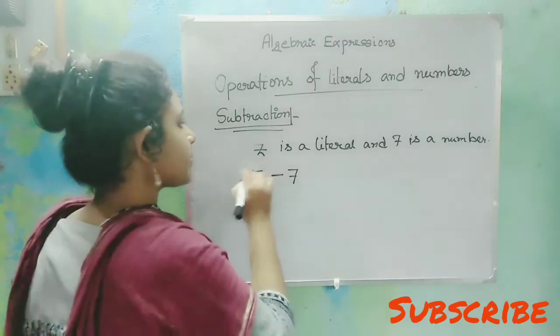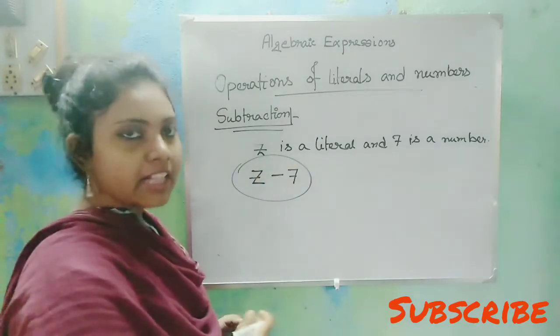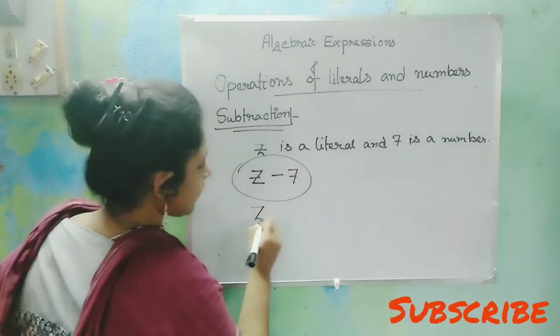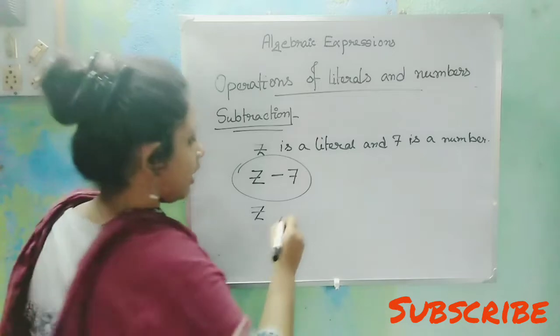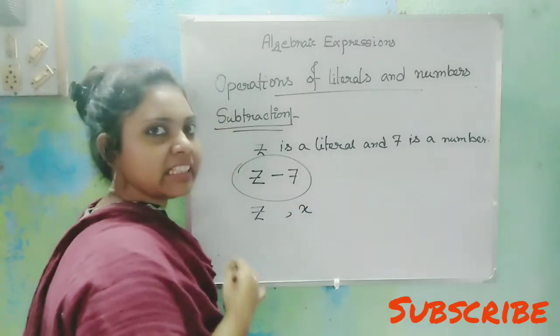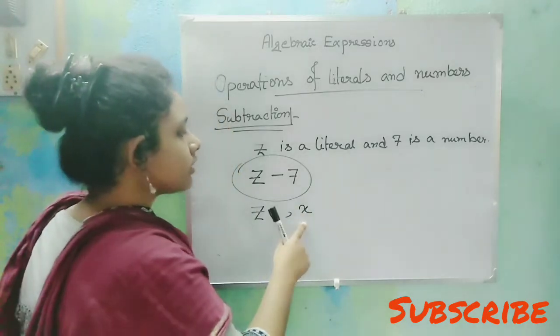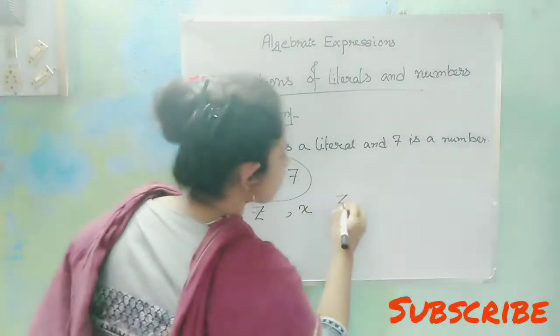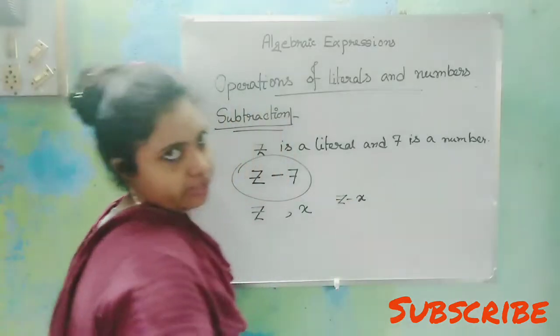This is the representation in algebra. Again, if Z is a literal, X is another literal, and X is subtracted from Z, the representation will be Z minus X.